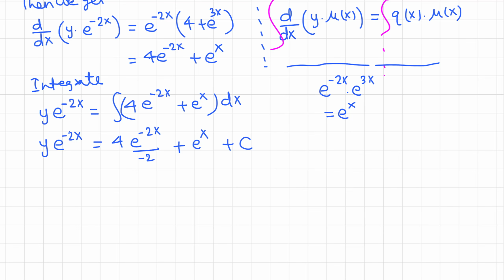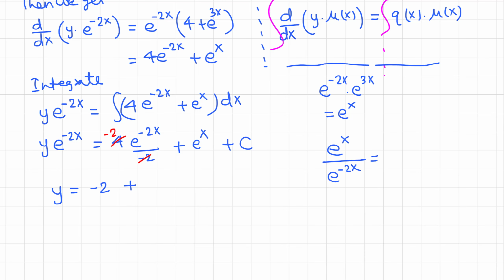Finally we divide by this integrating factor to isolate y. So y equals negative 2, and we are dividing by this. So negative 2 e to the negative 2x divided by the same thing means nothing left, plus e to the x divided by this, so e to the x divided by e to the negative 2x.